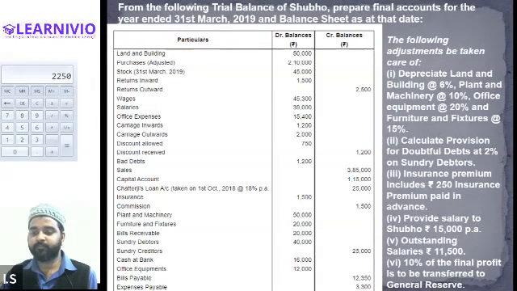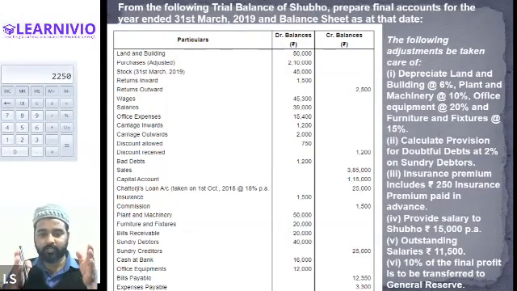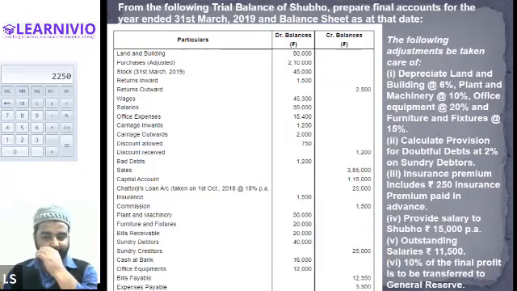The insurance premium that is paid in advance should be subtracted from the insurance premium, because the amount that you are paying on advance basis does not relate to this particular accounting period. Therefore we will be reducing this amount from the insurance already paid.